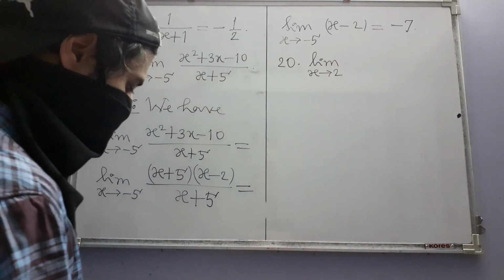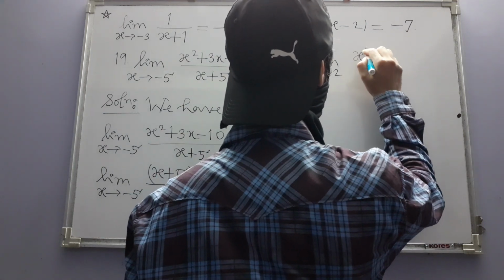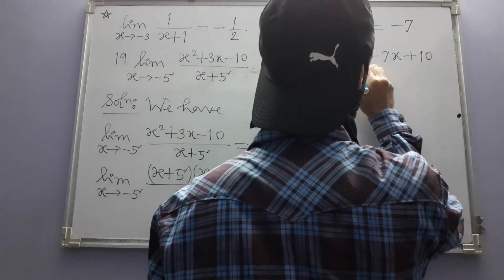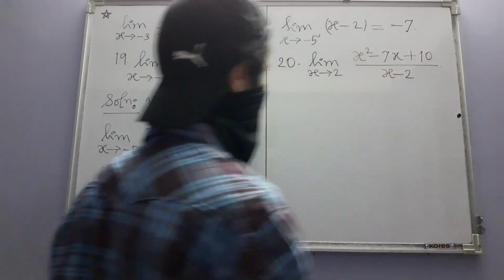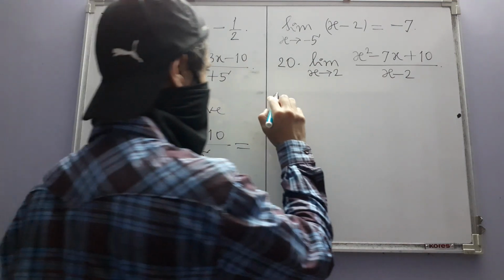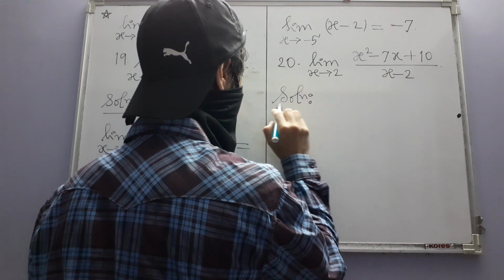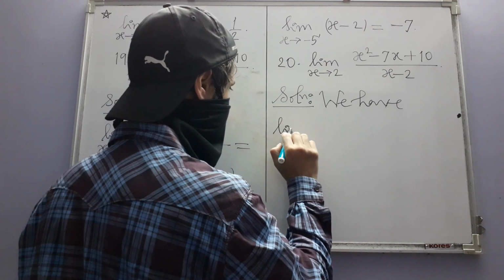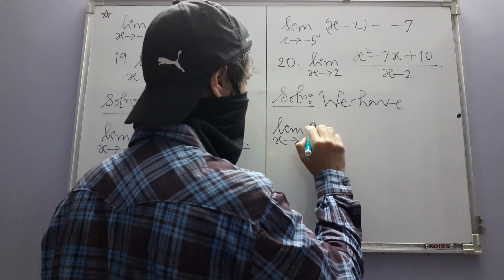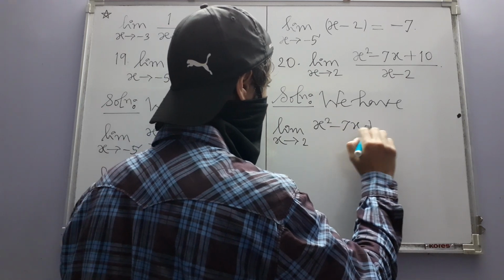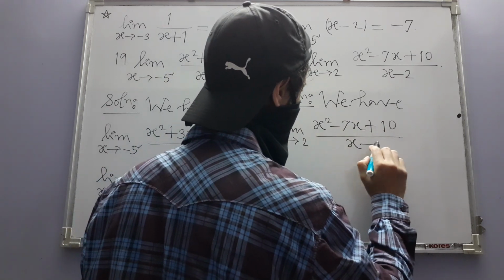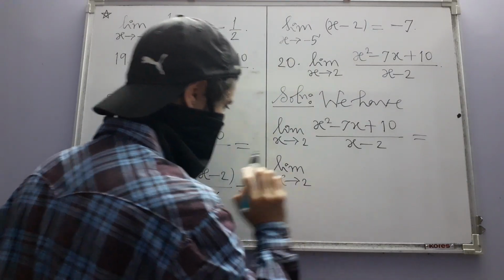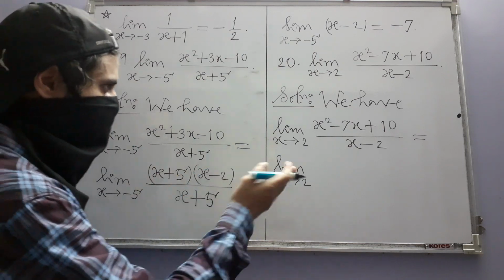Here the independent variable is approaching 2, in x squared minus 7x plus 10 over x minus 2. Okay, now whatever I was saying here, can we do that here now?